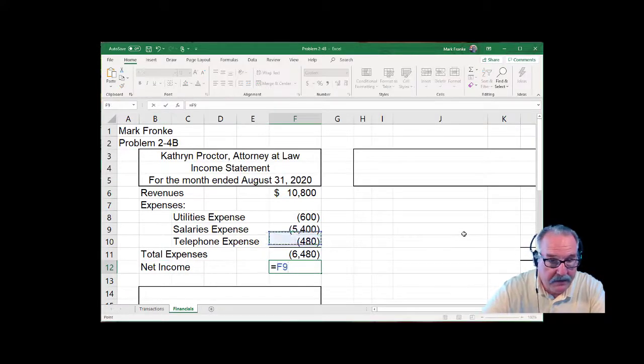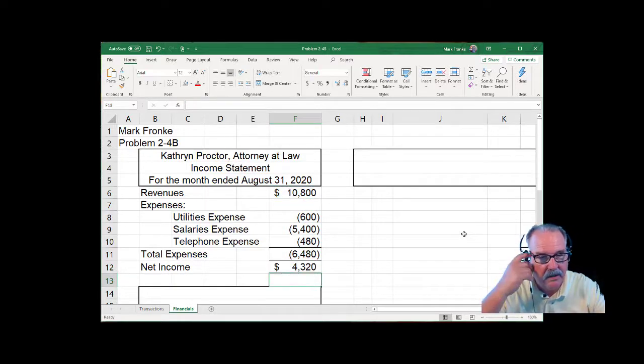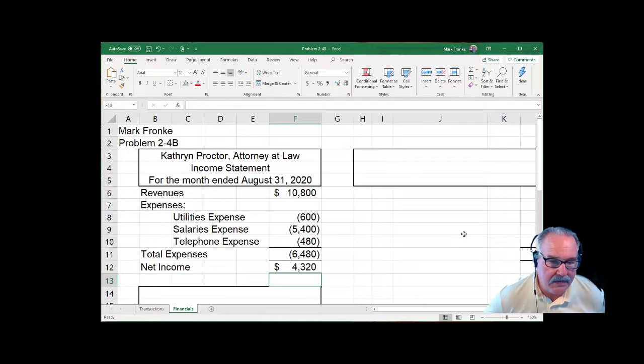Now, the way I've presented this is I'm showing the expenses as negative numbers. Typically, we would just have them as positive and then subtract, but either way, it'll work just fine. But net income is $4,320, subtracting the expenses from the revenues. I'm doing this as negative just to be consistent with the way that I prepared the transaction sheet.